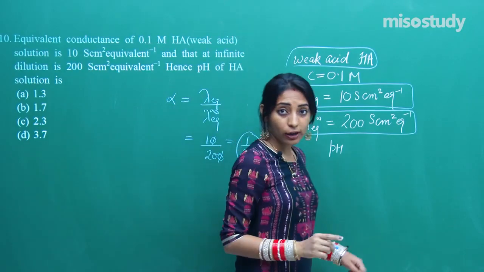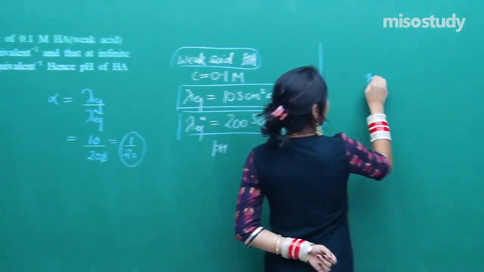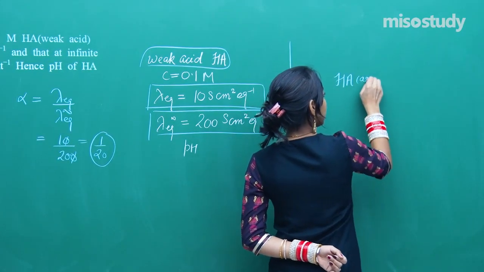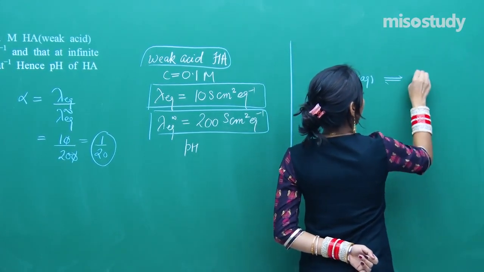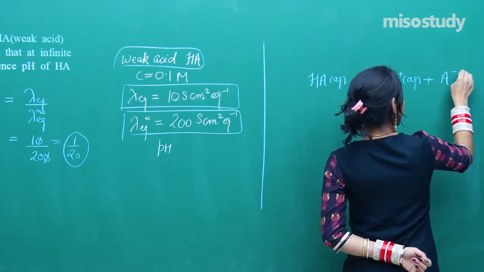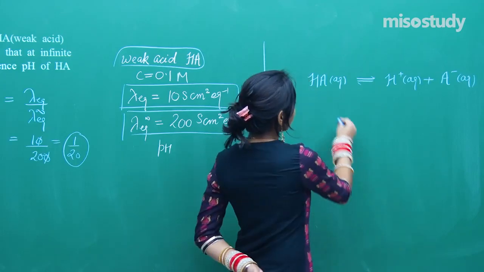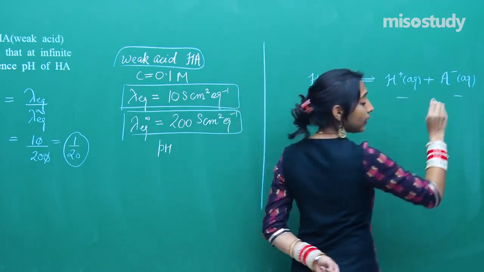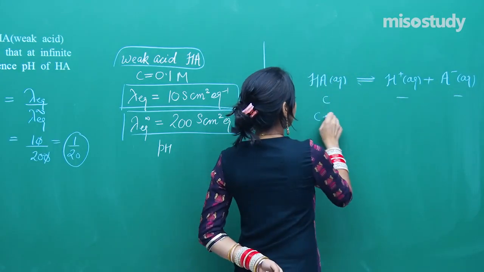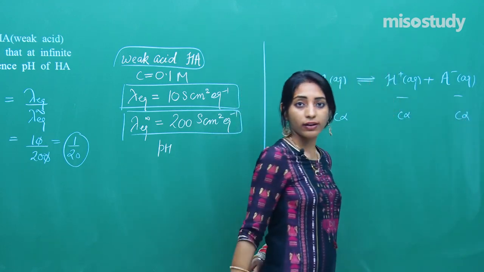Now once you know the value of alpha, and since it's a weak acid, you can write HA aqueous will be forming H plus aqueous plus A minus aqueous, right? Let's say the concentration is C, nothing, nothing. So we'll say C minus C alpha, C alpha, C alpha.